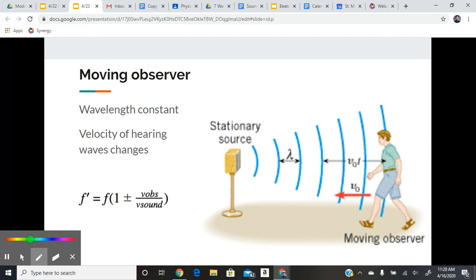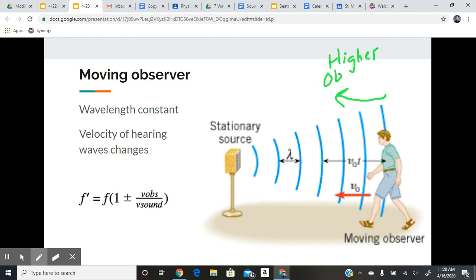If I am walking towards the source, I am going to have a higher observed frequency. The reason for that is, let's just say these waves are passing by every 1 second. Well, if I'm walking towards it, I'm actually going to be encountering those waves in less than a second, so the frequency is going to be higher.